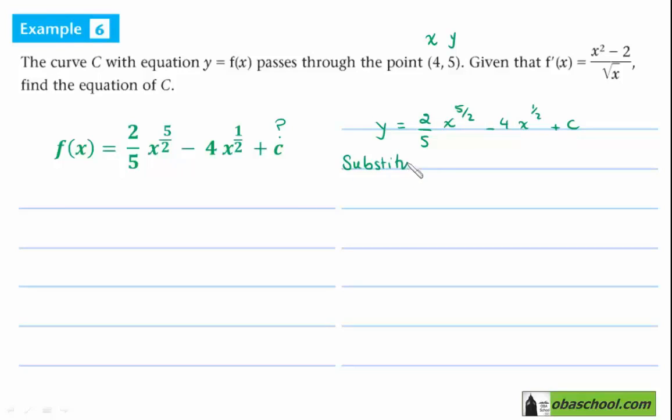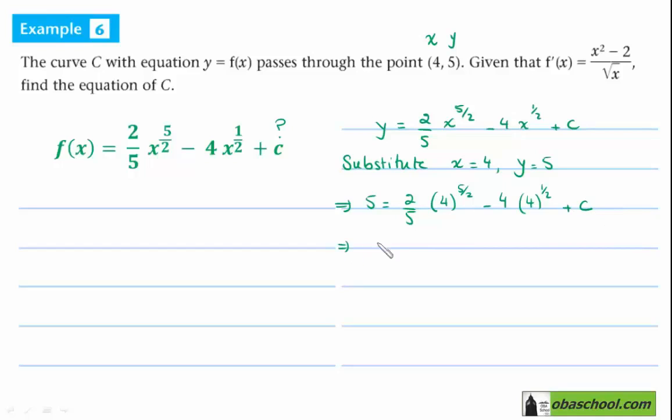Now let's substitute the value of the point, x equal 4 and y equal 5. Therefore, instead of y, we write 5 equal to 2 over 5 multiplied by, instead of x, we write 4 to the power 5 over 2, minus 4 multiplied by 4 to the power half, plus the constant c.